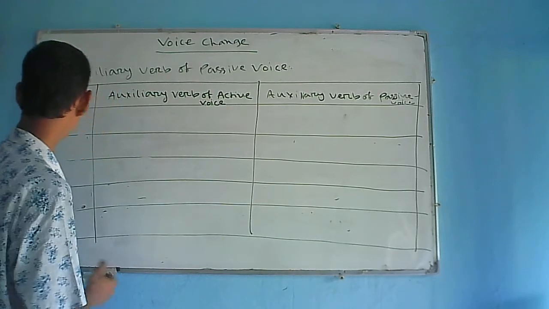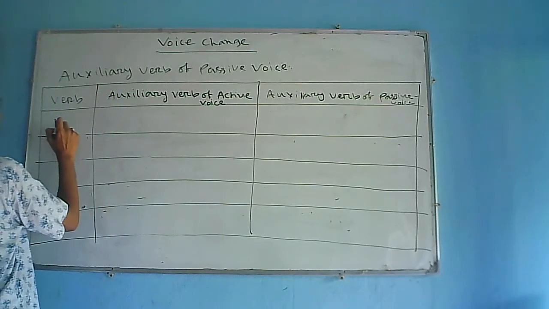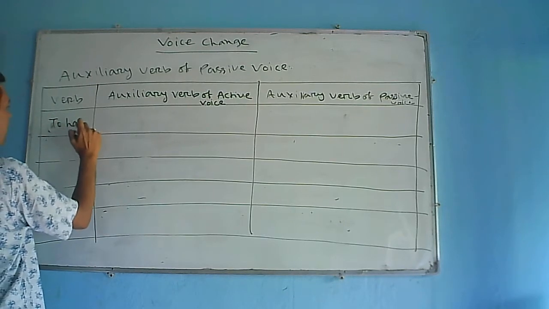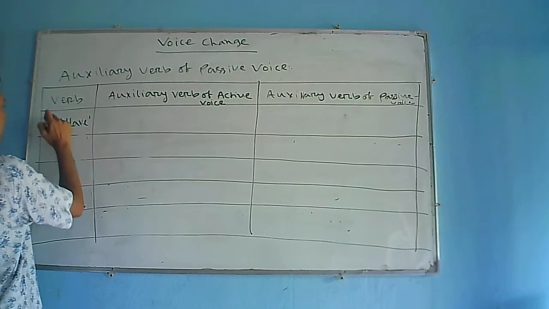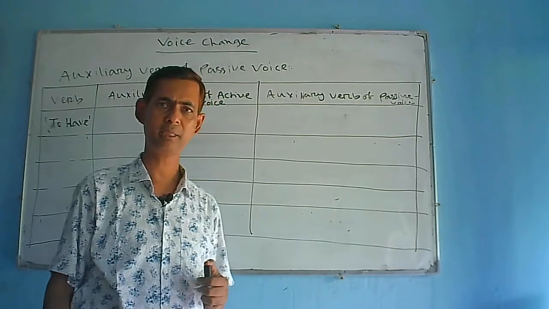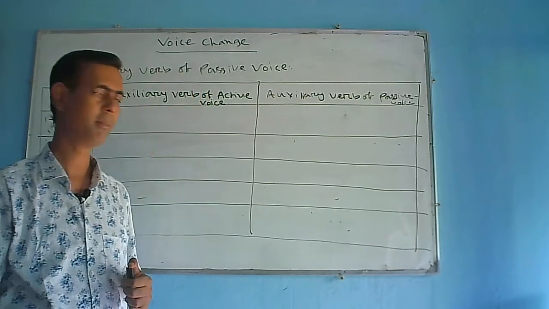Then have verb. To have verb. So what are the to have verbs? Have, has, had are to have verbs.